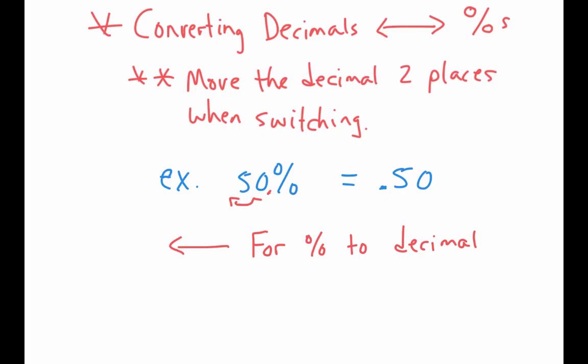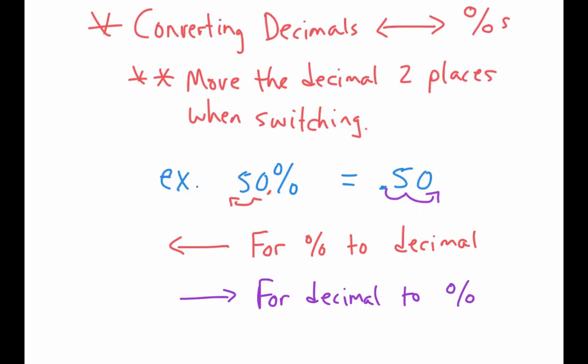And if instead you're going the opposite direction, and I want to go from 0.5 to a percent, you just would go 2 jumps to the right. And that would now give you the 50%. So you go this way for a decimal to a percent.